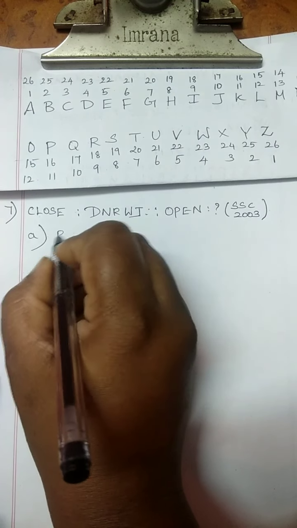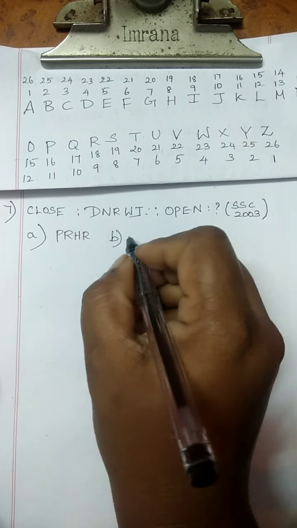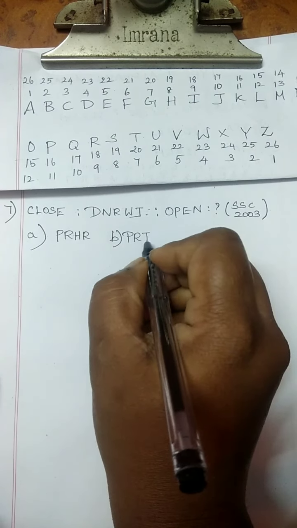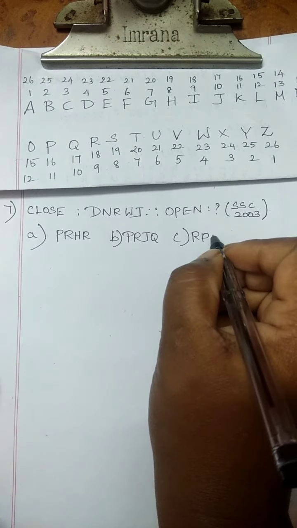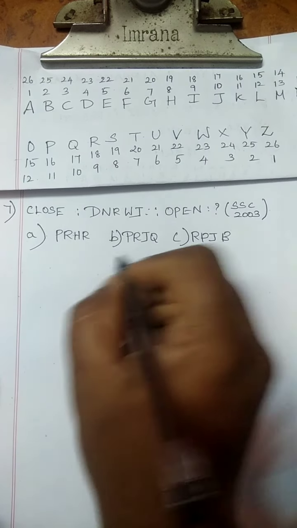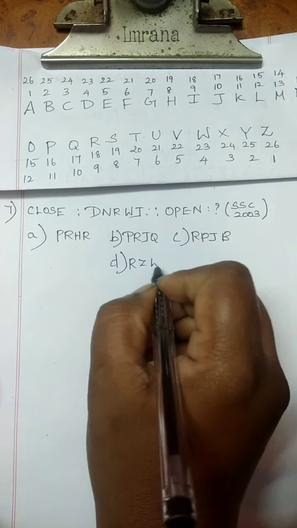A option is PRHR, B option is PRJQ, C option is RPJB, and D option is RZWR.